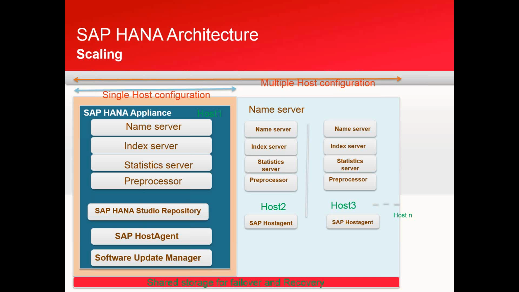And since we claim that HANA is the most efficient server for retrieval purposes, all the data will have to be indexed at regular periods of time, and the index server simply does that. The statistics server will calculate the statistics of a particular object within the HANA database, so that it gives you the current state of any object.